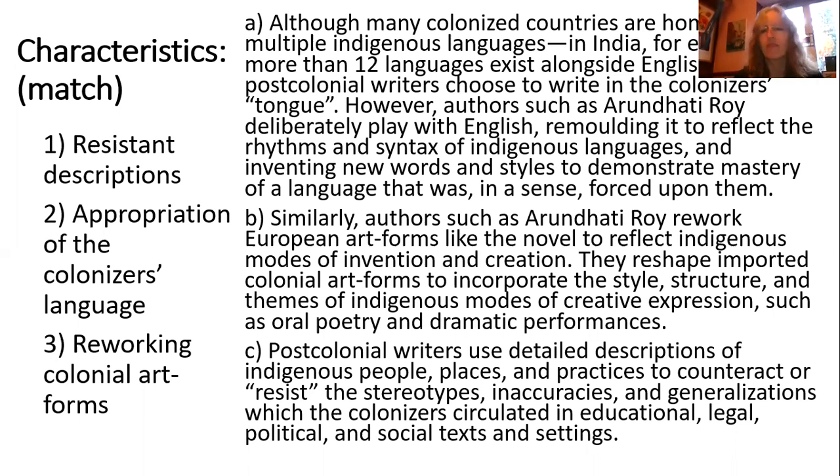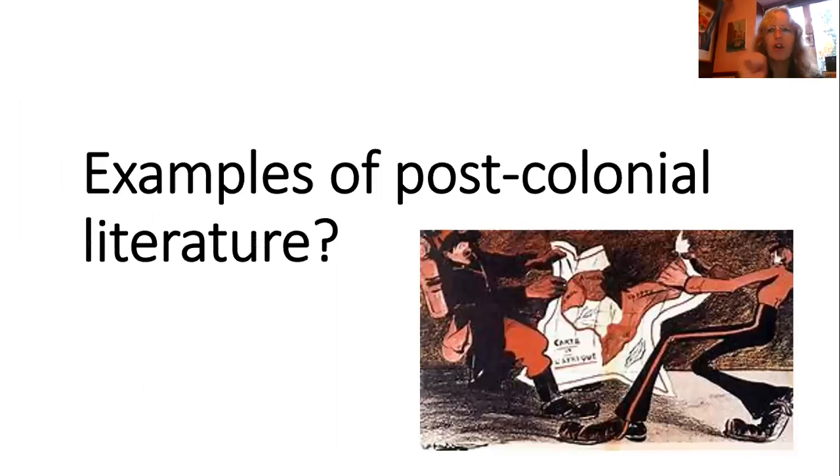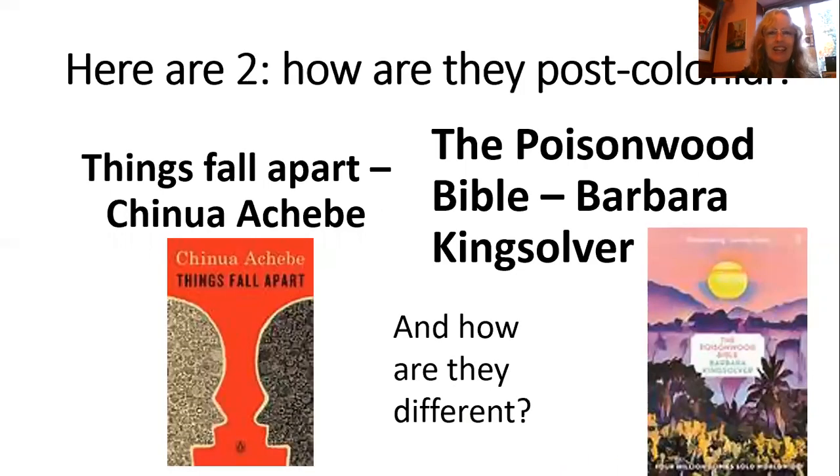Okay, so that's lots of background information about post-colonial literature. Do you know any examples? I'm sure you do. What are the examples that you know of post-colonial literature? Okay, here are two of them. So I know you've been reading Things Fall Apart by Chinua Achebe.